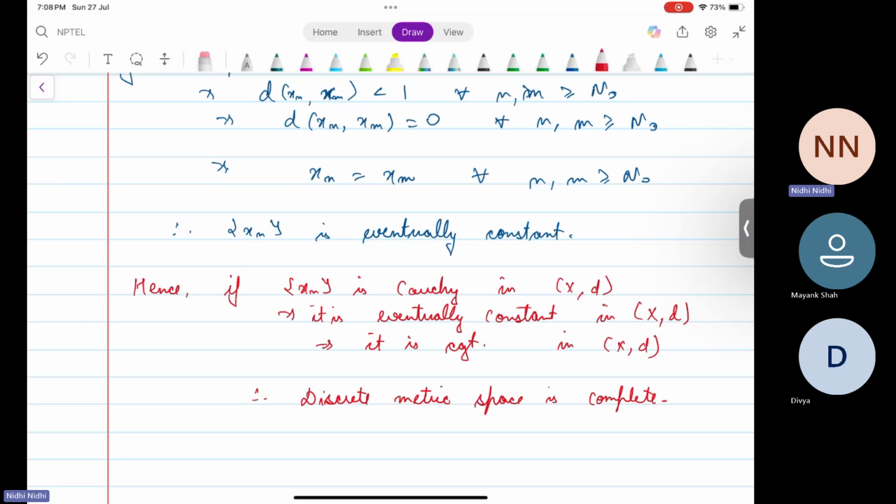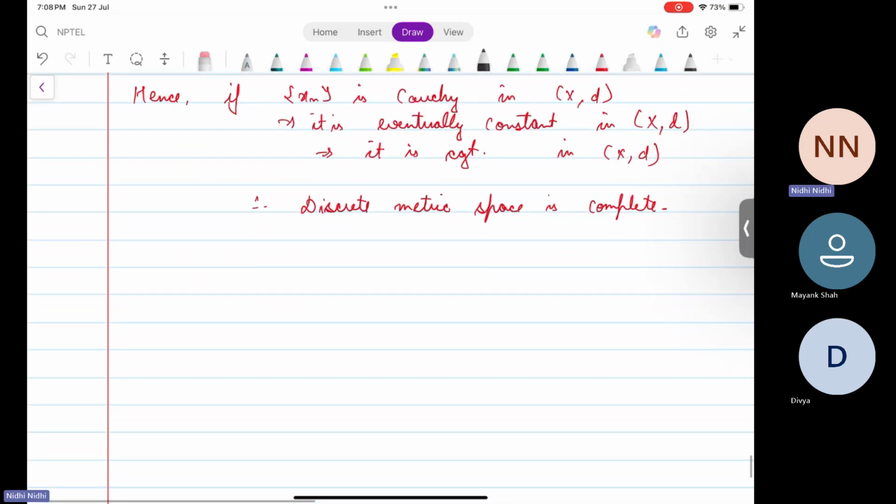Next, if you remember, we did some points in topology. Let me write the question first.